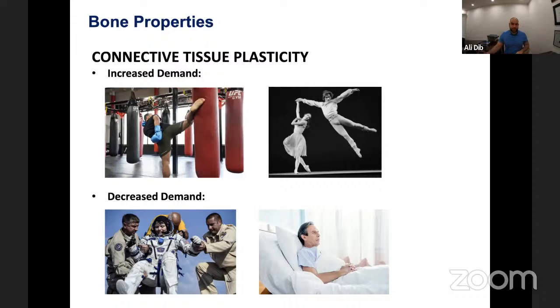Okay. Now, with the decreased demand, you have the astronauts who spend months in space. And these guys are, if there's another way to describe them, athletes, right? They're super healthy human beings, and they have to be, because going to space, they're denied the privilege of having gravity imposed on them.